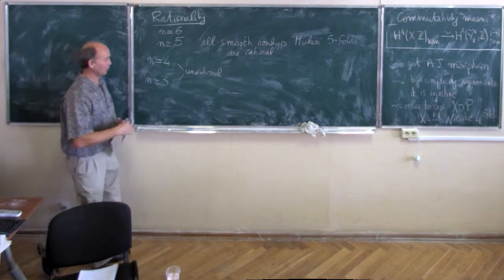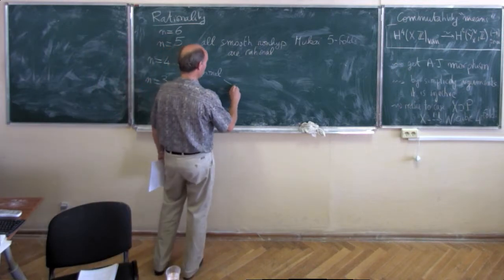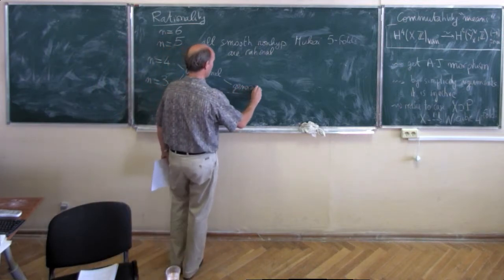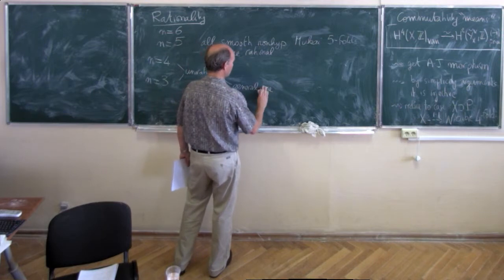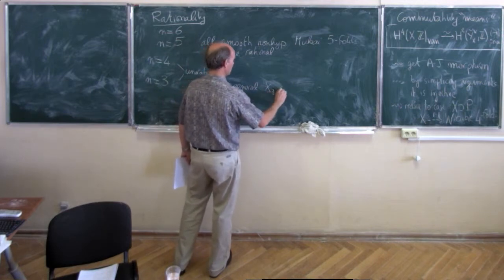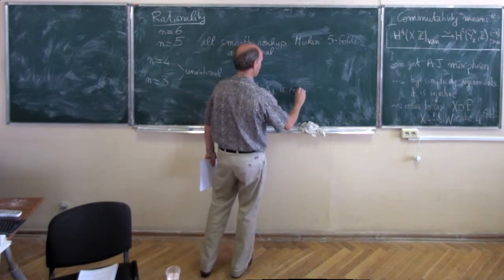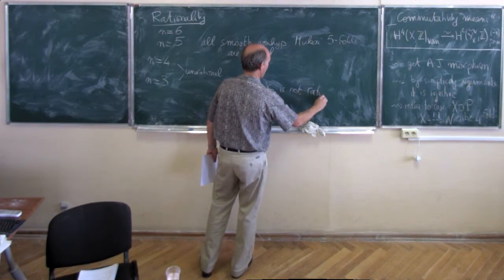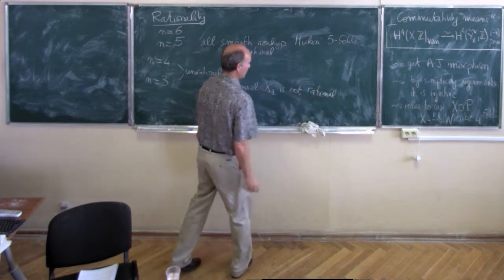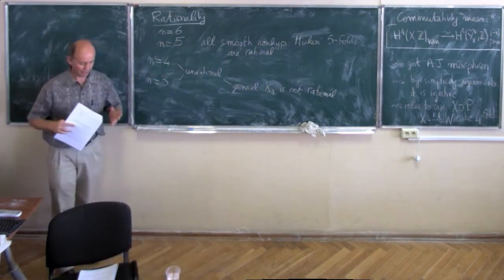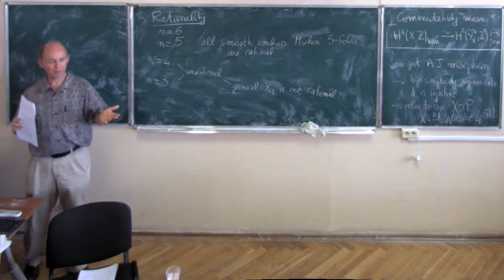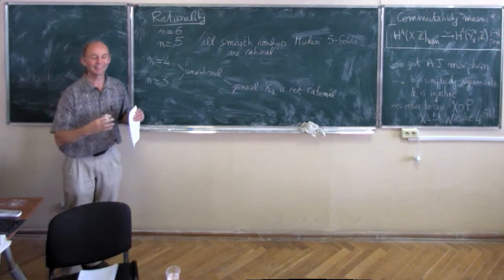When n is equal to 3, it is known that the general X_3 is not rational. You can find that in Arnold's first article, thesis, I think.